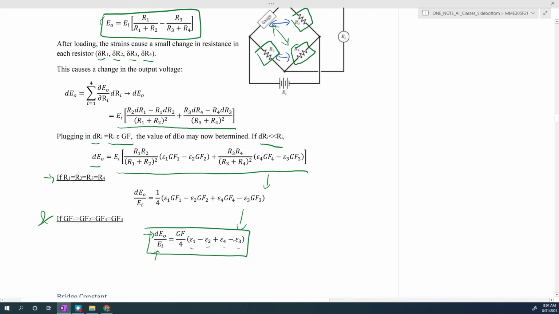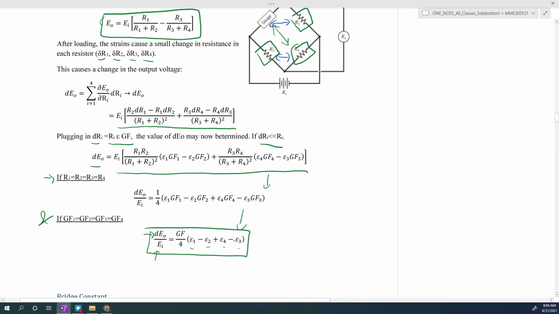We're going to use that feature of the Wheatstone bridge in a second to do some neat tricks to deal with changes in temperature experienced by the Wheatstone bridge, and also to add or subtract unwanted effects due to undesired loading on our Wheatstone bridge.